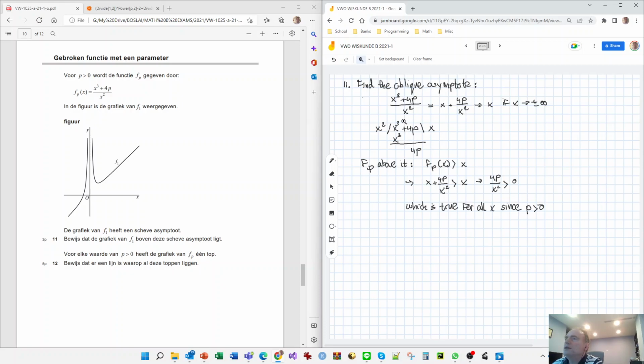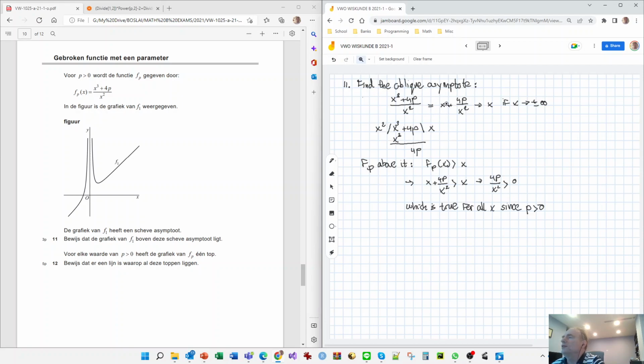Well, since the numerator has a higher degree than the denominator, you can do kind of a long division, which is actually pretty trivial here because there's only an x squared term, but I still demonstrate it here.